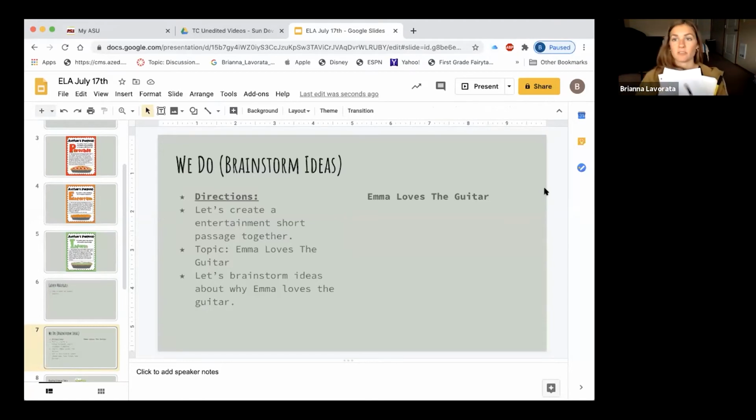On your piece of paper at the top, we are going to write Emma Loves the Guitar. We want to write this big in the center at the very top of our paper so that we know what the topic of our story is going to be. Emma loves the guitar.